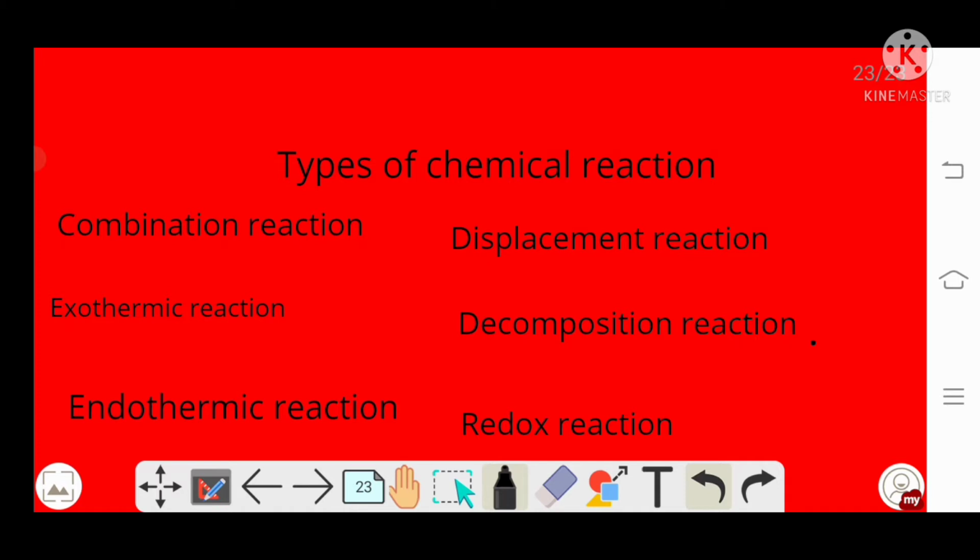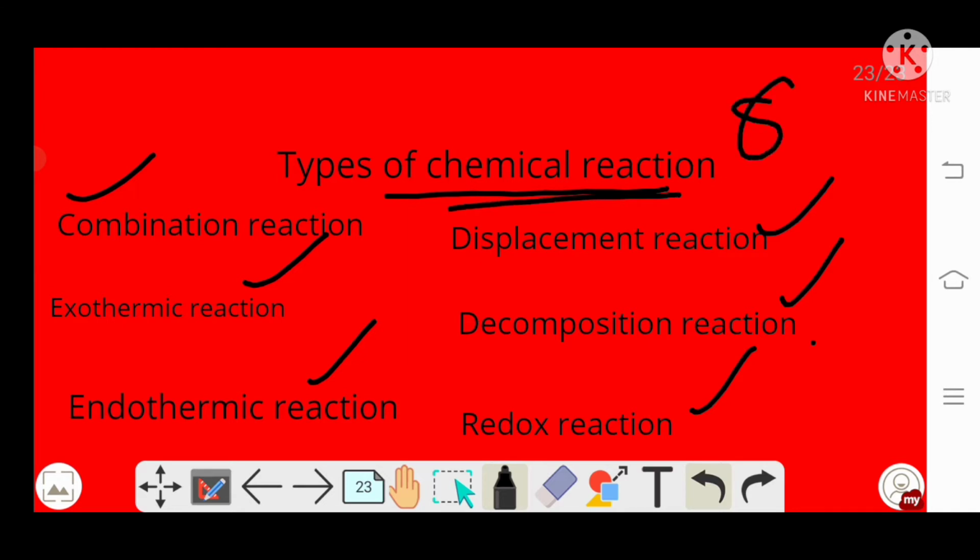These are the types of chemical reactions: combination reaction, exothermic reaction, endothermic reaction, displacement reaction, decomposition reaction, redox reaction, rancidity, and corrosion. So what are the types of chemical reactions? Eight types.